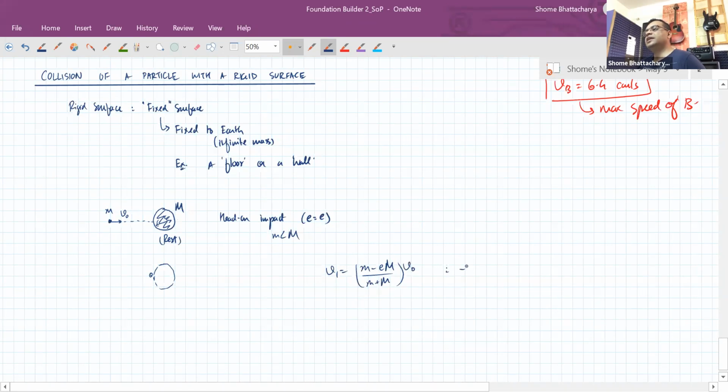And you can see this will be a negative quantity because m is less than capital M, assuming m is less than e times capital M also. So this will have a return velocity like this because it will be negative. And this one will have a velocity (1 plus e) times m1 upon (m1 plus m2).